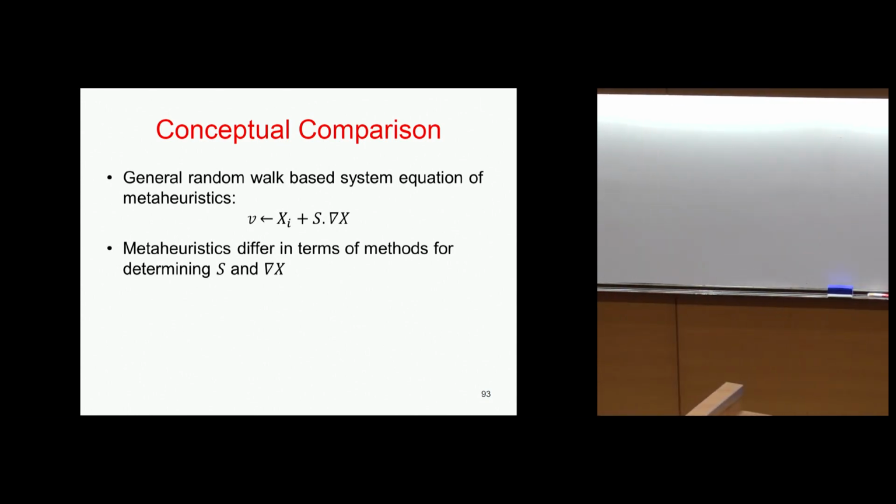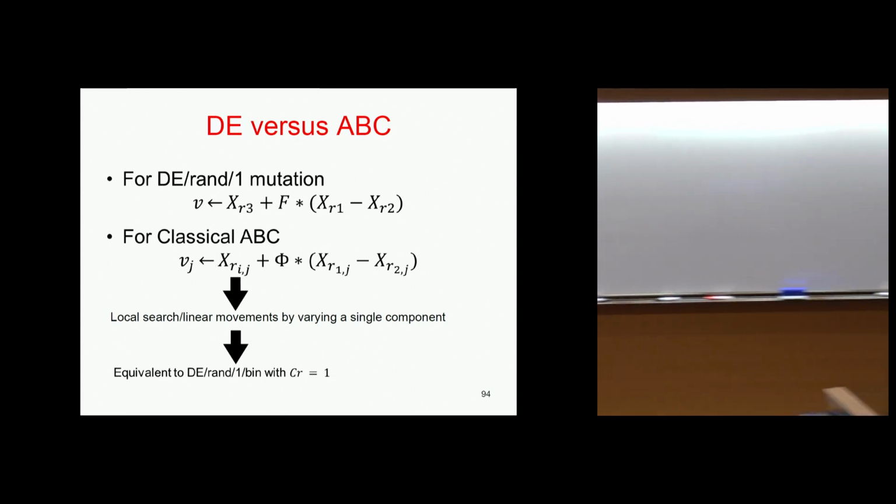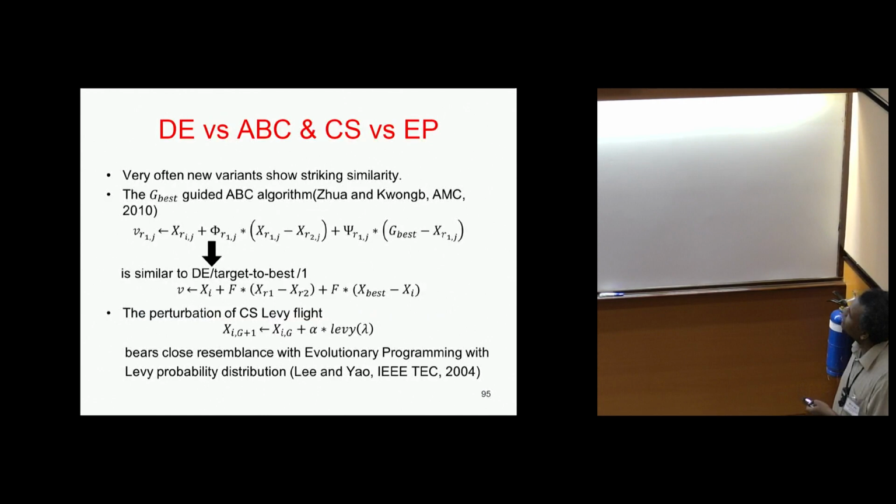They are all similar to differential evolution and PSO when you look at the details. DE is similar to ABC with the CR value set to 1. It's the similarity between differential evolution from 95 and ABC from 2004 or 2005. So 10 years later you have the ABC algorithm.